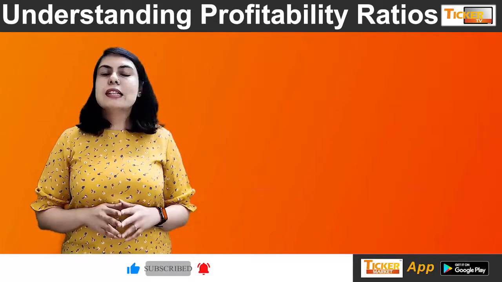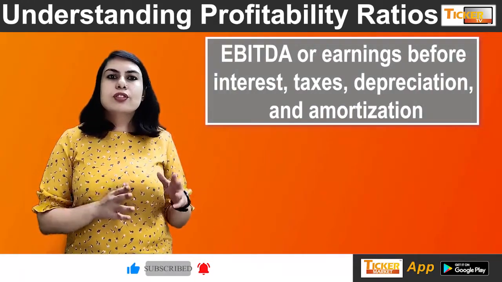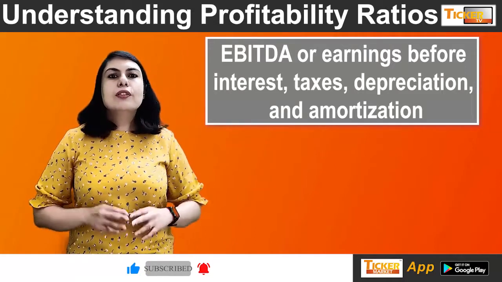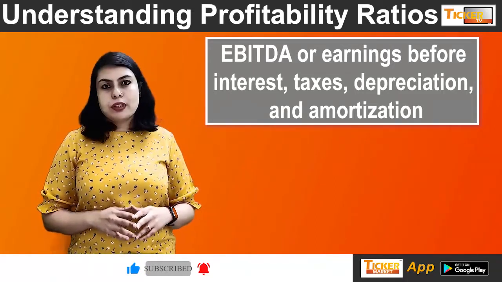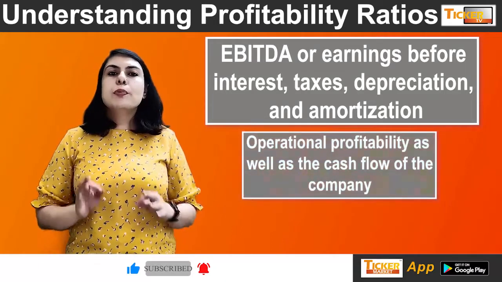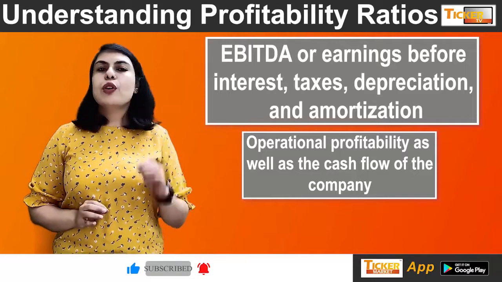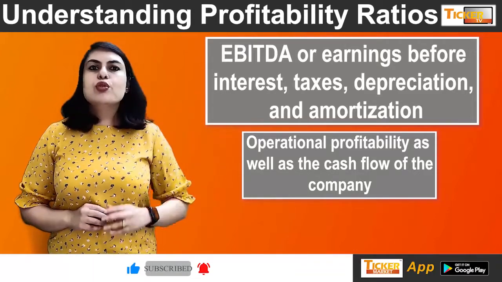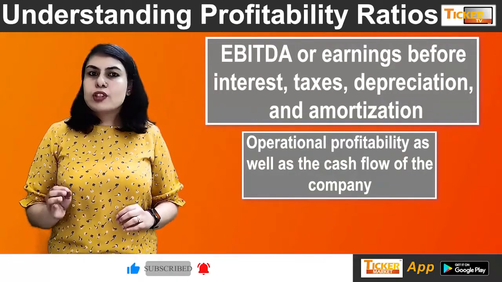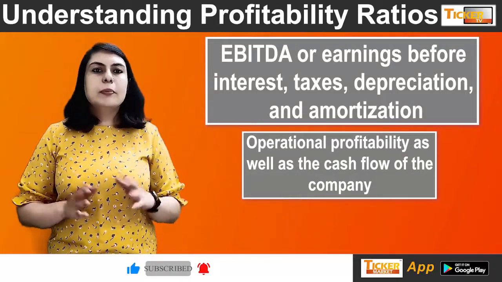The second part is EBITDA, or earnings before interest, taxes, depreciation and amortization, which is slightly different from operating profit. An EBITDA margin allows investors to understand the operational profitability as well as the cash flow of the company. It can be used to evaluate a range of companies regardless of their size, structure, tax obligations or depreciation.